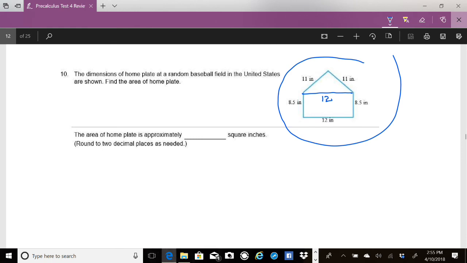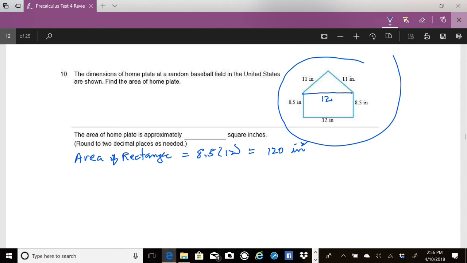And the area of the rectangle is just 8.5 times 12 equals 120 square inches.